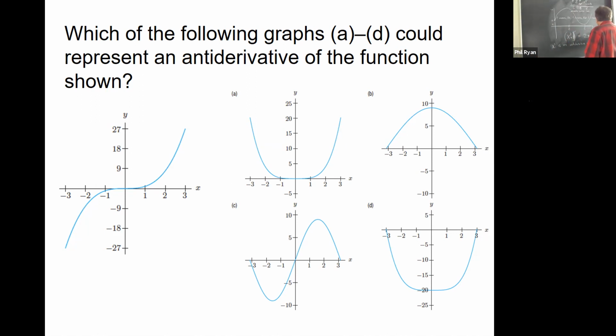And what's the difference between f of x and f of x plus a constant? They're just parallel, right? You just lift it up by c, or if c is negative, you push it down by c. So this has two answers, A and D. So there's only one ever derivative, right? Because the derivative gives you the slope. There's lots and lots of antiderivatives, right? Because we're looking at total change.